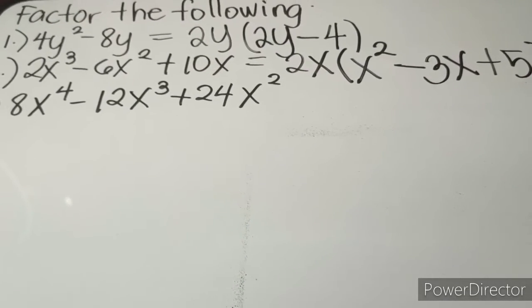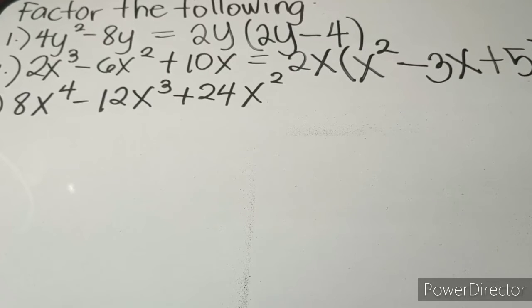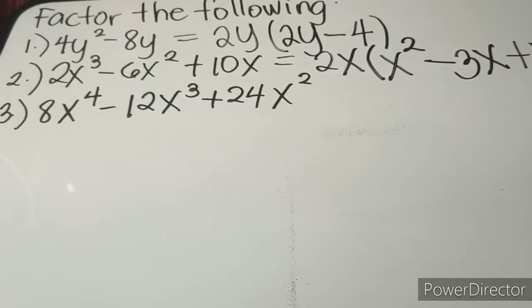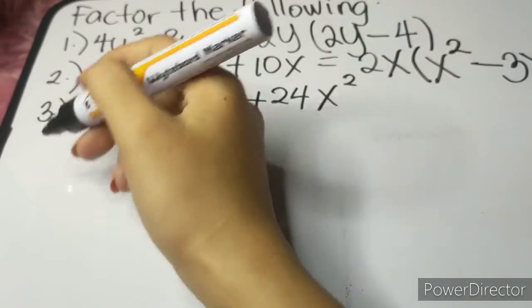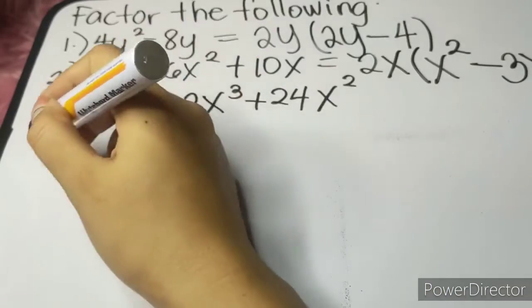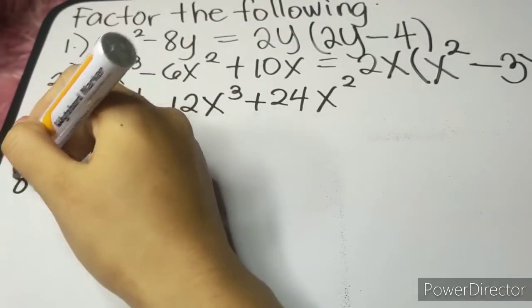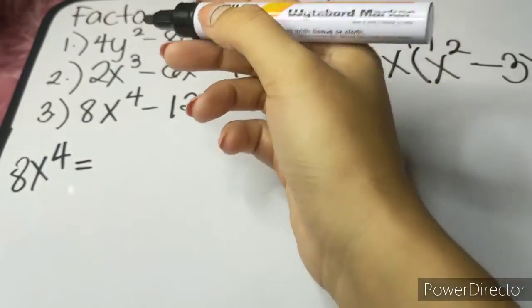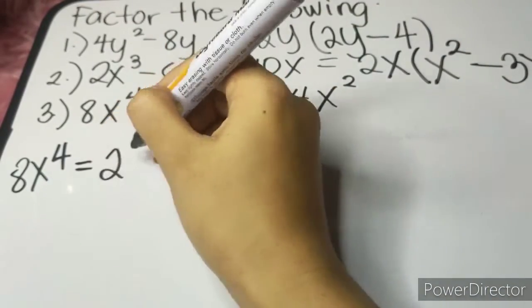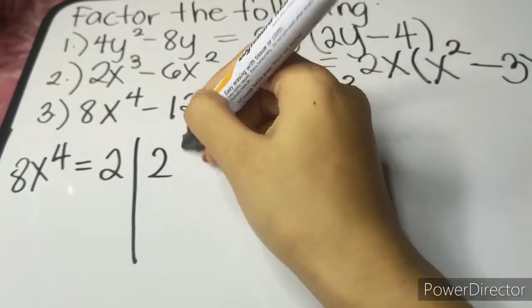Okay, and then ganun pa rin yung gagawin ko dun sa 8x raised to 4 minus 12x cubed plus 24x squared. So, dito ko na ipapakita sa baba. 8x raised to 4 could be factored as 2 times 2 times 2.